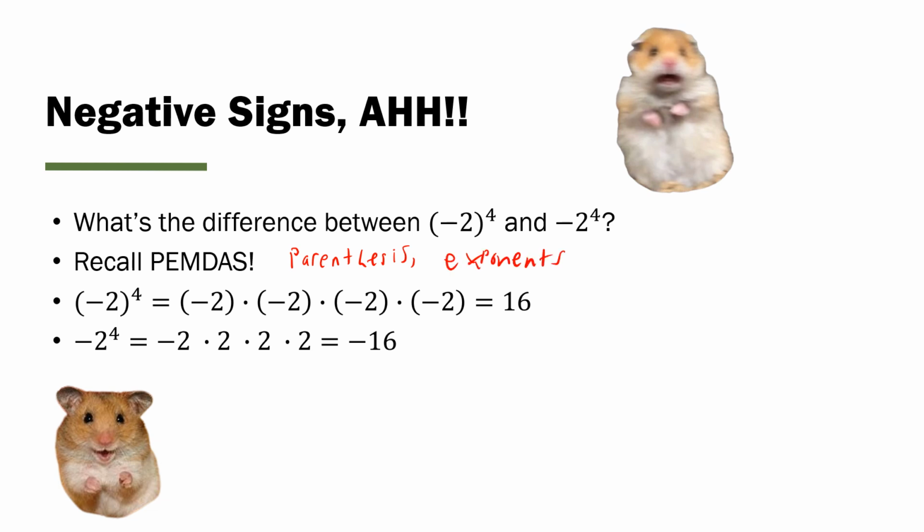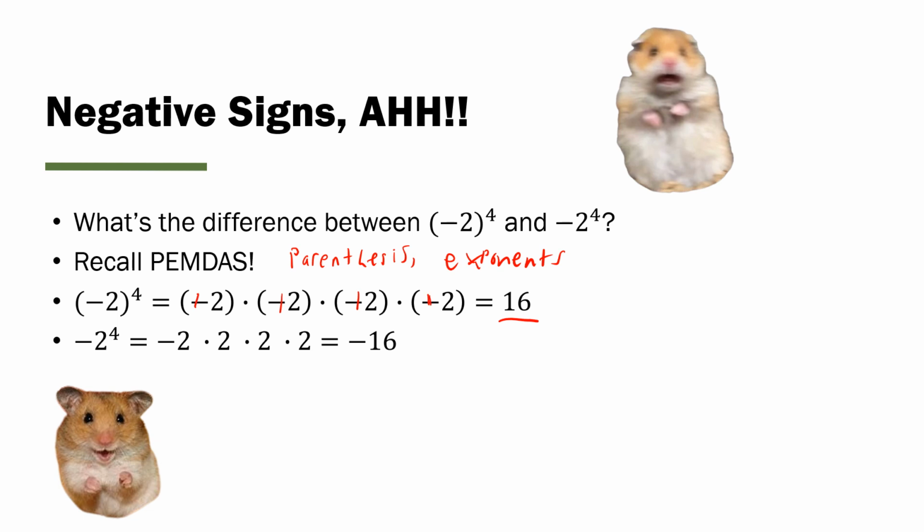So parentheses first, exponents second. So when we have -2 in parentheses raised to the power of 4, it's like multiplying -2 by itself multiple times to get a positive 16, because these two negatives cancel out to become positive.